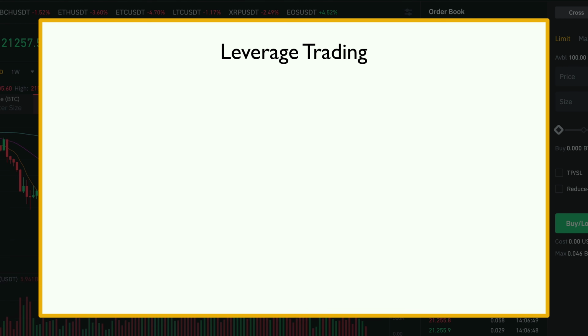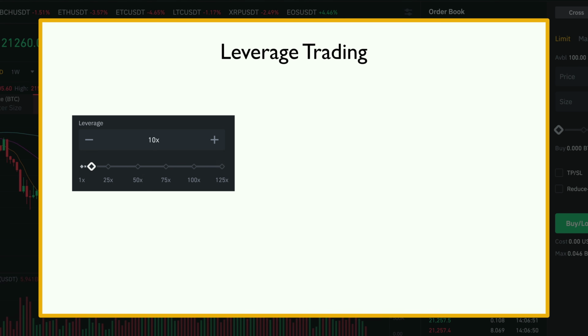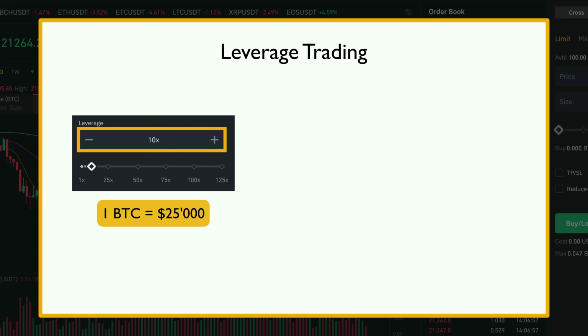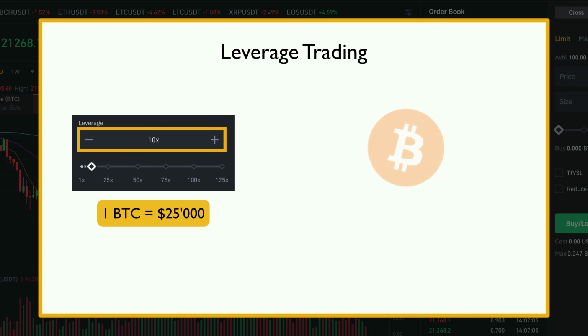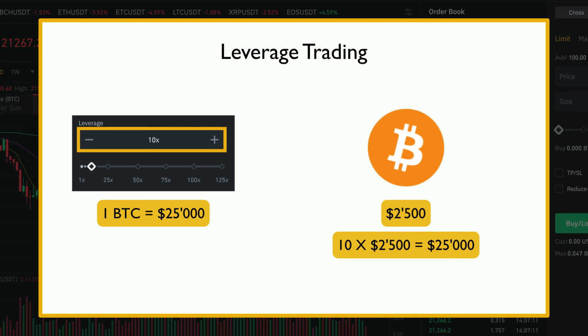So for example, let's say we choose a 10x leverage and the Bitcoin future is currently at $25,000 per Bitcoin. With a 10x leverage, we're able to buy approximately 10 times more than the amount we have in our futures wallet. So if we now want to buy a future of 1 Bitcoin, it will only cost us $2,500, so 1/10 of the actual price.